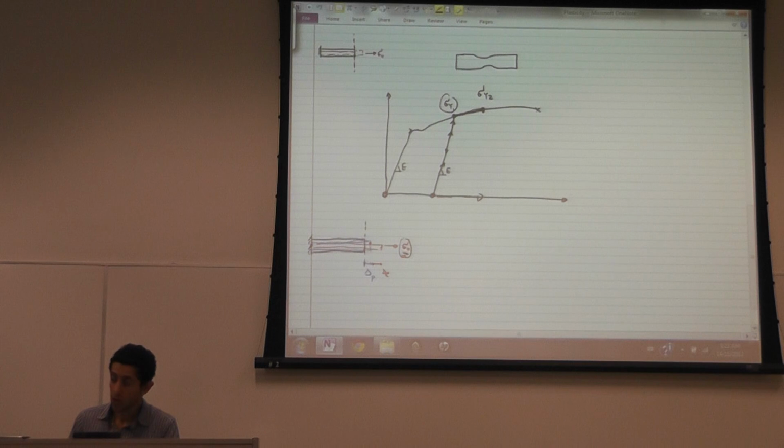And if I decide to unload at this point, then I'm unloading following this line, and loading following this line, with the same slope E.